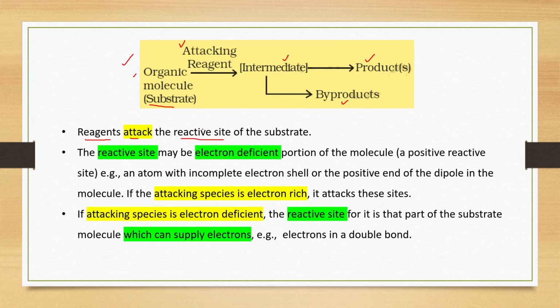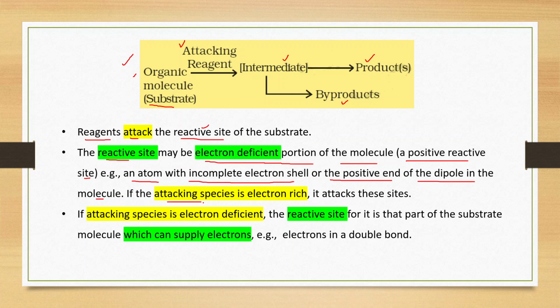Now, what is this reactive site of the substrate? The reactive site may be an electron deficient portion of the molecule, that is, a positive reactive site. For example, an atom with an incomplete electron shell or the positive end of a dipole in the molecule.